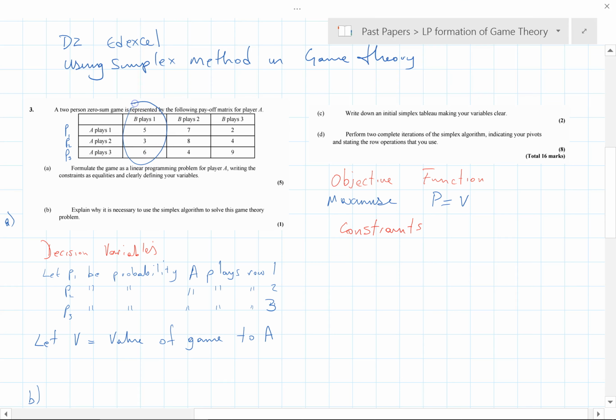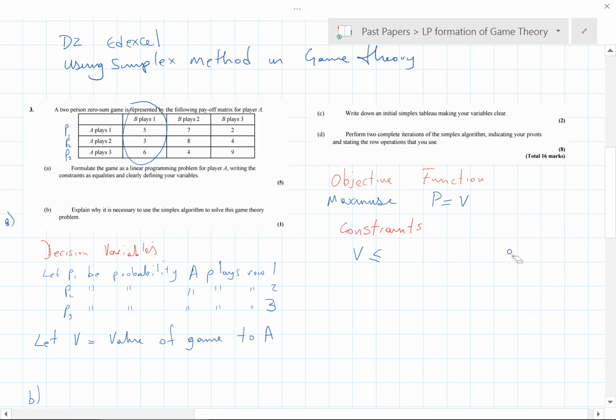Obviously, if A plays 1, then we've got 5P1. Let me just write it like this: V is less than or equal to, and again the less than or equal to can easily be seen by the fact that we're below the lines when we're doing this diagram in game theory.